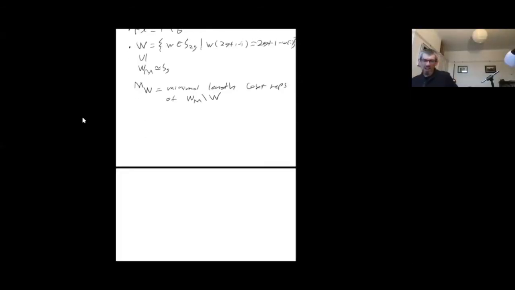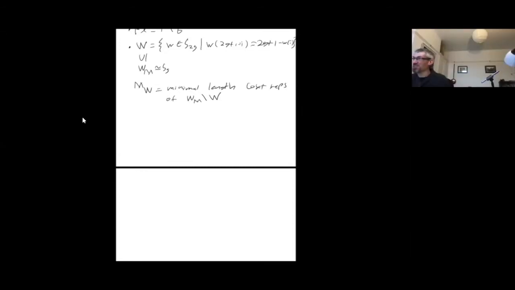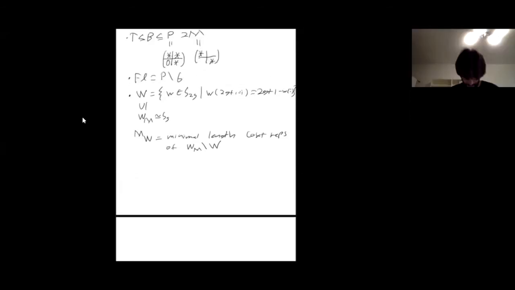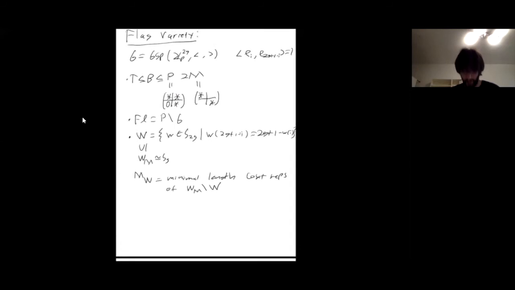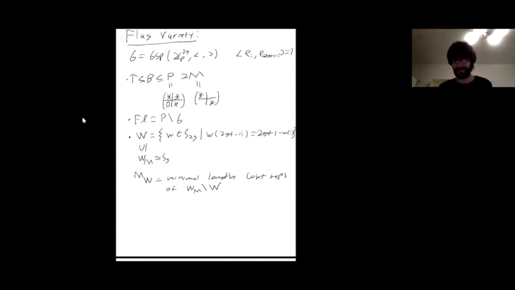Can I just ask, George? Yeah. I'm a bit puzzled because in the notes that Vincent posted on the website, he had a B and a P, and B was definitely not contained in P. So I'm a bit confused why the conventions have changed. Well, there is P and there is P standard. In the previous notes, B was definitely contained in the block lower triangular stuff. Well, okay, but yes, so maybe Vincent was also not taking B to be the upper triangular Borel.